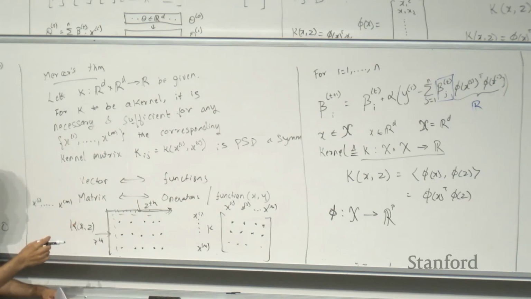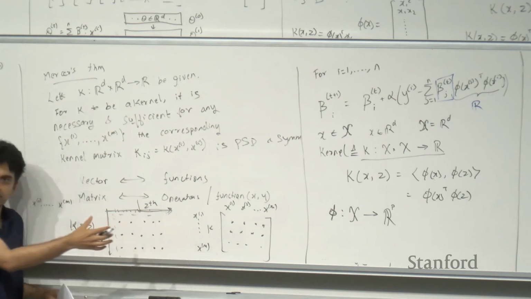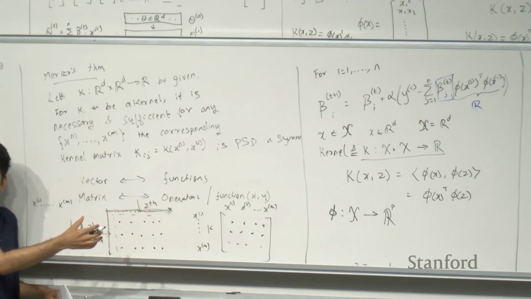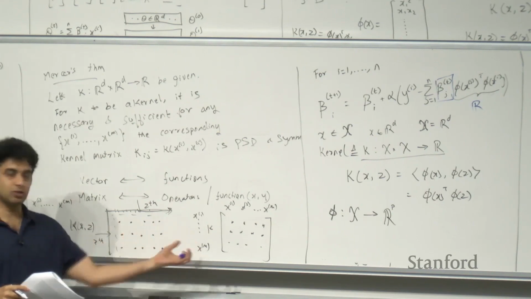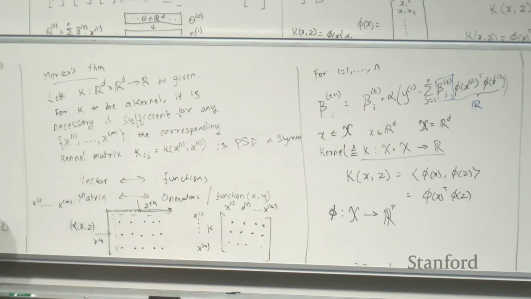That's basically a way of saying any sub-matrix of a positive semi-definite matrix is also positive semi-definite. So Mercer's theorem is basically a way of saying a sub-matrix of any positive definite matrix is also positive definite. And that's just some intuition for what Mercer's theorem is telling us.